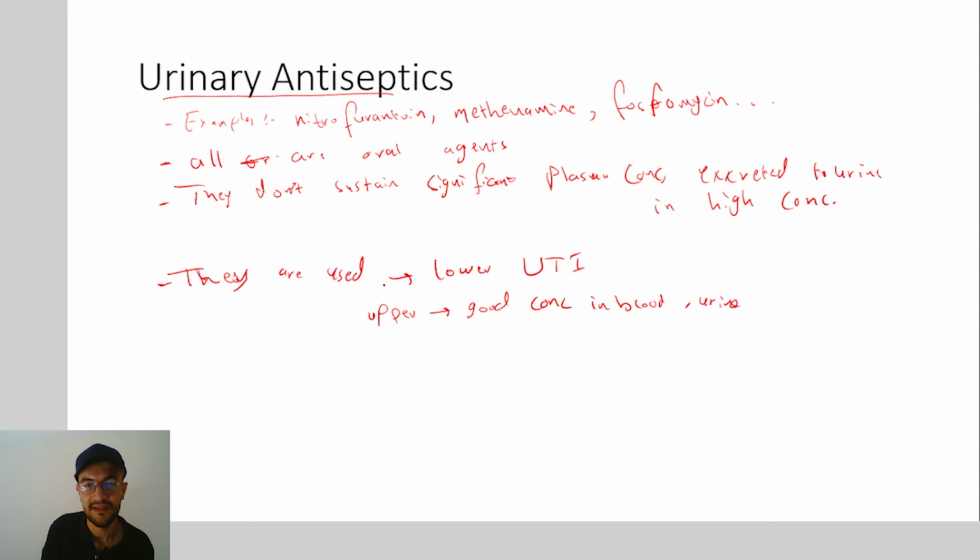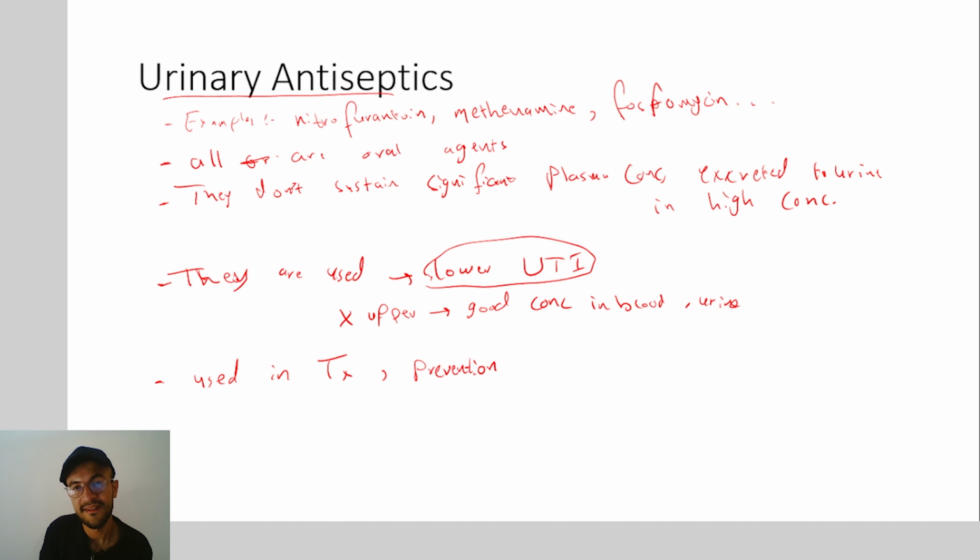They are used in treatment of lower UTI, and they are also used in prevention of recurrence, and that's in people who are highly susceptible to getting their urinary tract infected.